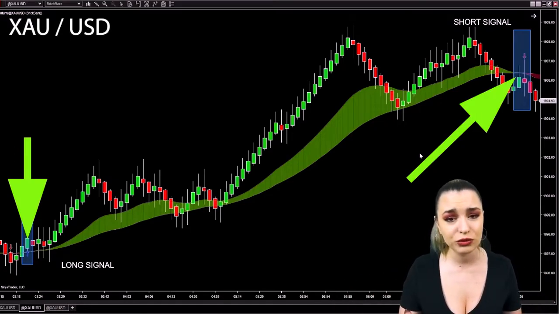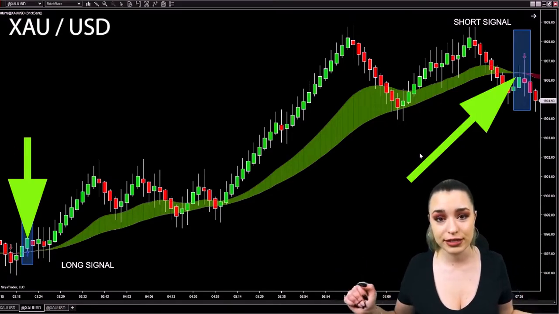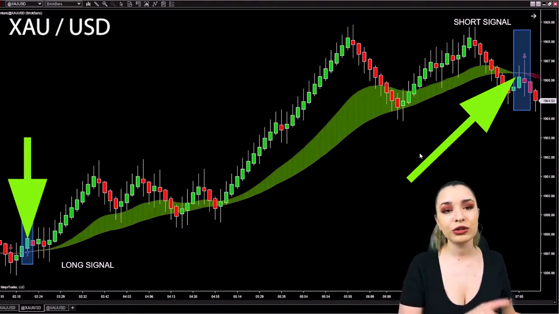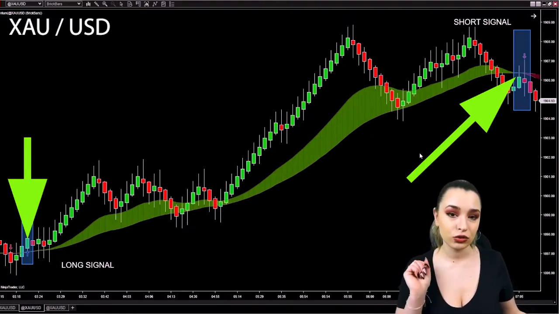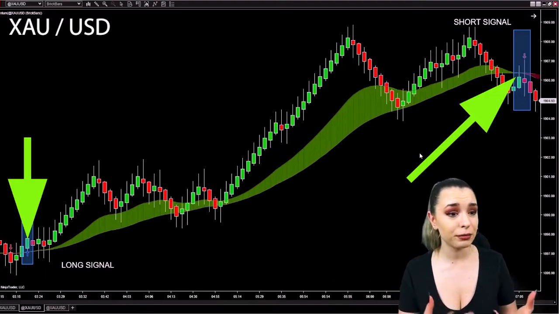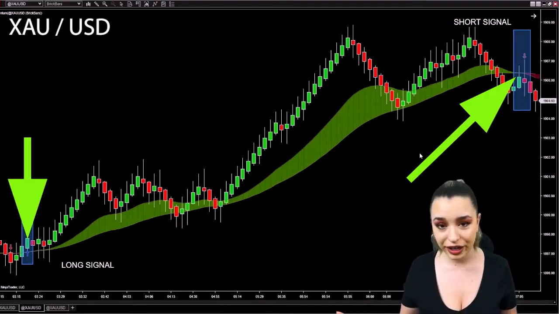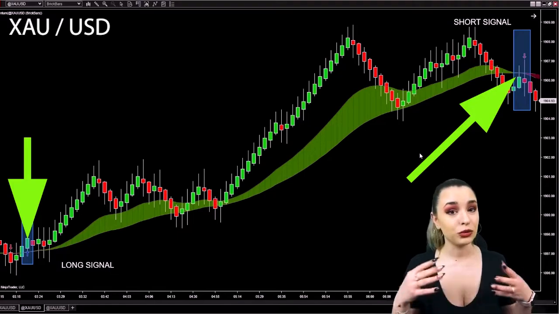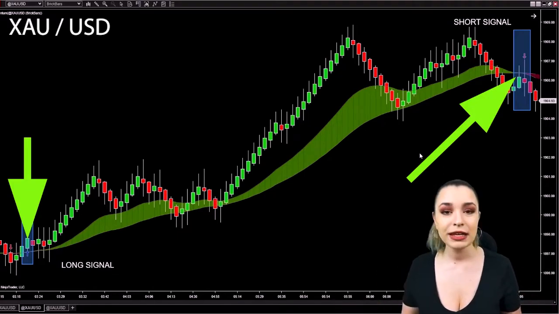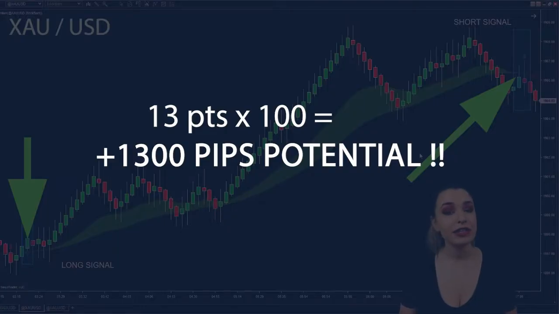It's really straightforward, and for future reference. In order to calculate your pips based on your points, you just have to take your number of points and multiply it by 100. The number that you would obtain would be your pips. In this case, you have 13 points multiplied by 100. You would be looking at 1,300 pips.